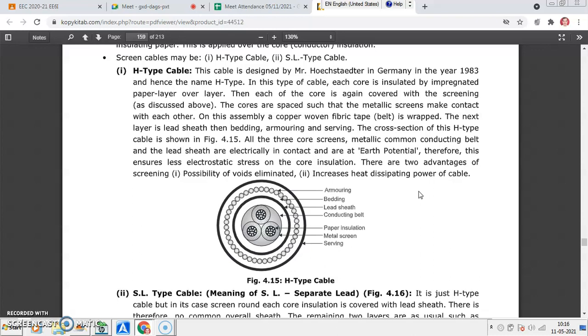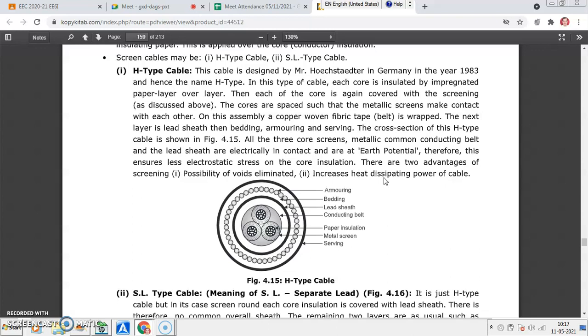Very small empty pockets, filled with air or some other material, may act as a dielectric material or capacitor, and there may be a storage of charge, which may cause deterioration of the insulation. So the possibility of voids, that minute spacing, should be eliminated.